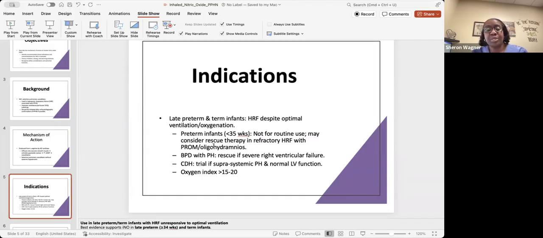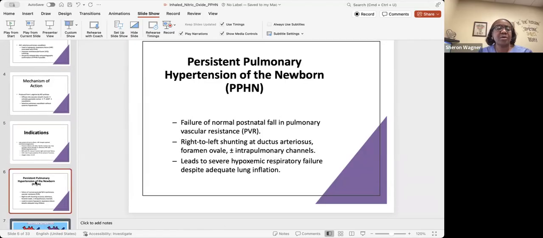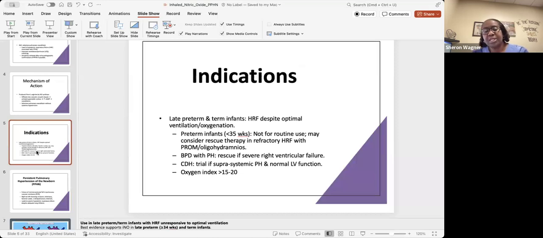And it does help in many cases of pulmonary hypertension caused by different causes, such as these that I've talked about before: BPD, diaphragmatic hernia, or sepsis. Generally, we would like to have a target of, say, an oxygen index of greater than 15 to 20. And later on, I will show you some calculations to determine oxygen index.